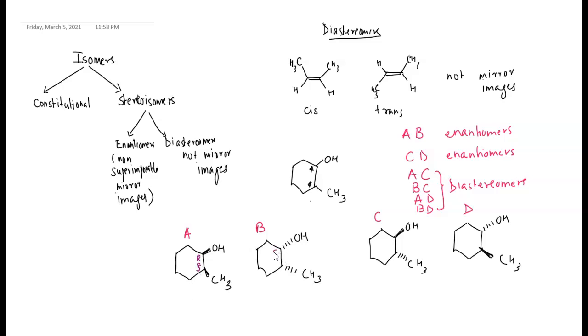Since this is a mirror image, this should be S and R. And then here, since the OH has not changed, I know that this is still R, but CH3 has changed, so this is S. This one is R, and here we have an S. So R, R, and S, S, these are enantiomers because their stereochemistry is completely reversed.